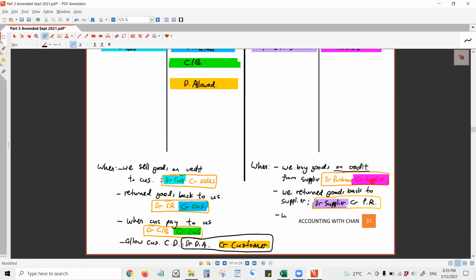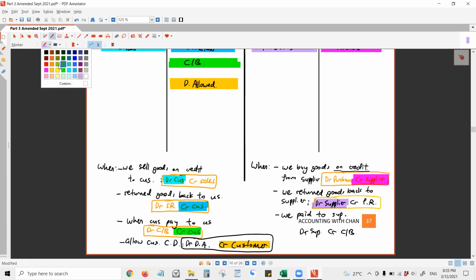And then next, we pay to the supplier. You credit either cash or bank, right? Then you debit supplier account. So after we have made some payment to the supplier, it's going to make us owe less to the supplier, and it's on the debit side of the supplier account.